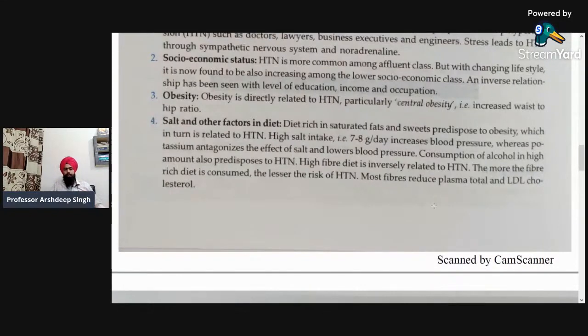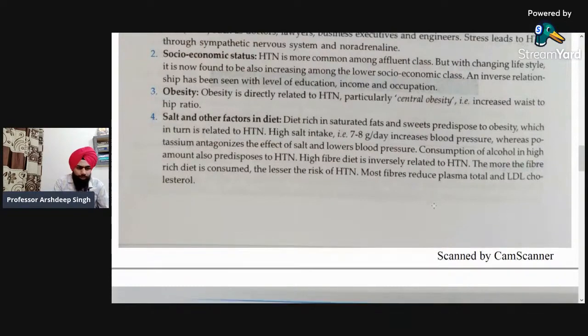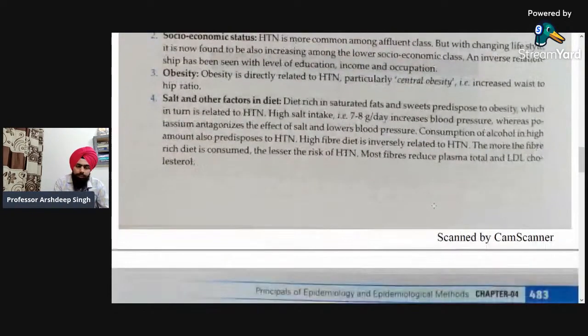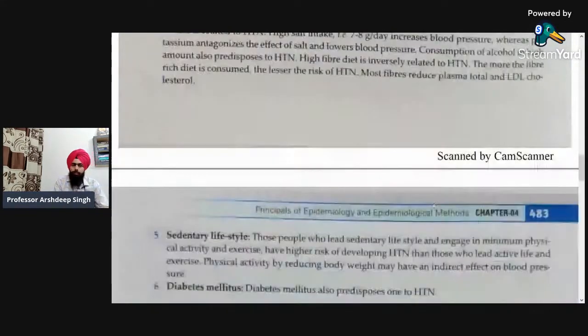It is written here that 7 to 8 grams per day is much more than the required quantity. So we have to think about that. We just have to eat a diet in which the salt intake is appropriate, as needed by our body. So salt and other factors are also contributing to hypertension.